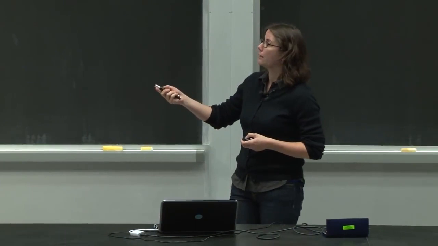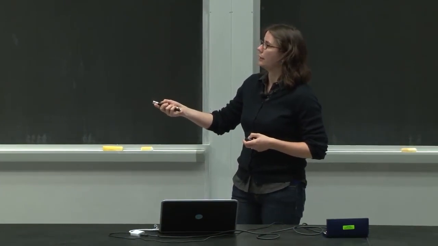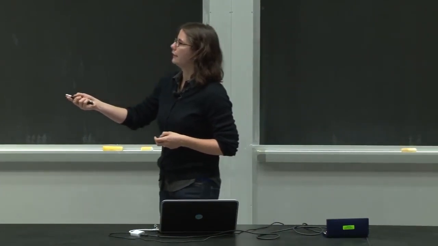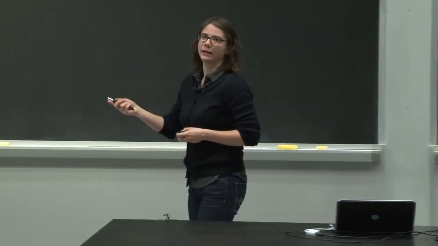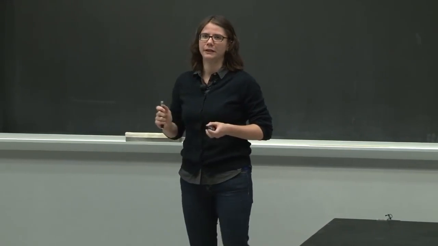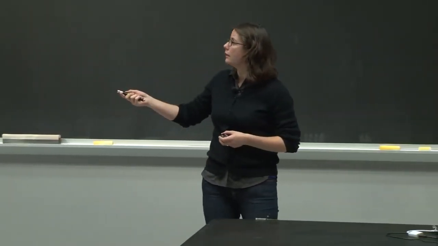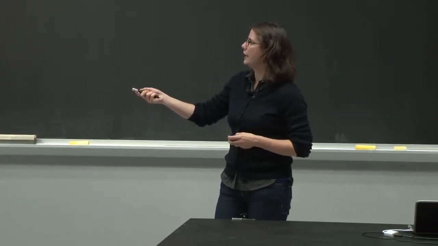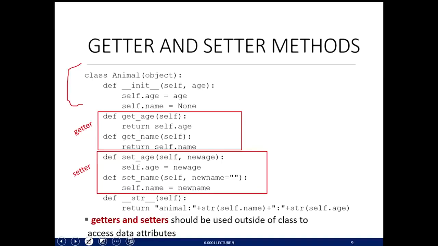Okay? So if you look carefully, getAge is just returning self.age, and getName just returns self.name. So they're very simple methods. Similarly, setAge and setName, we're going to see what this funny equal sign is doing here in the next couple of slides. But setters do a very similar thing where they're going to set the data attributes to whatever is passed in. Okay?